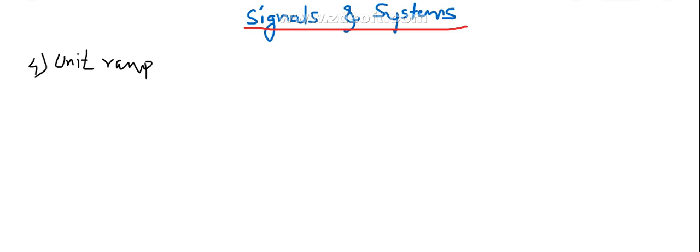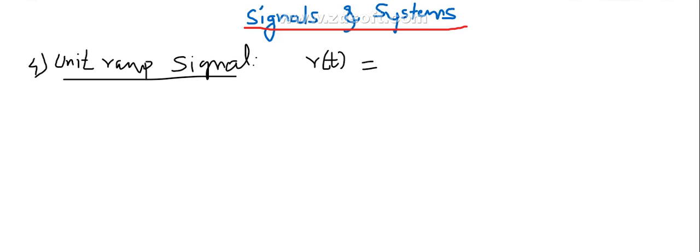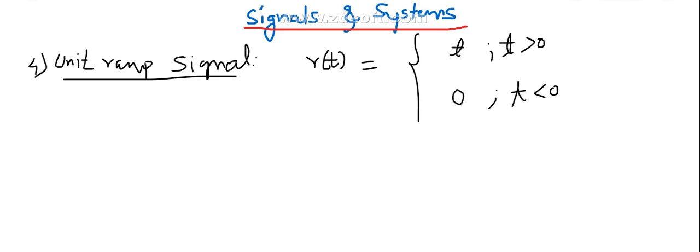This is represented by r(t), and its definition is: r(t) = t for t greater than or equal to 0, which means its slope is t for t greater than or equal to 0, and 0 for t less than 0.